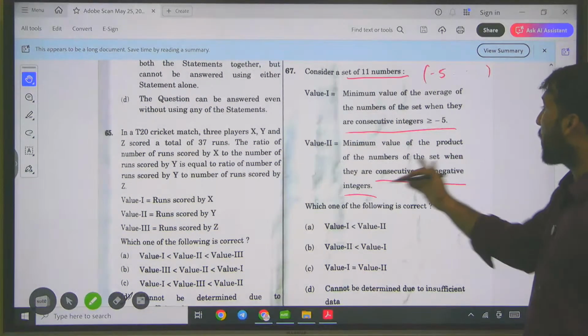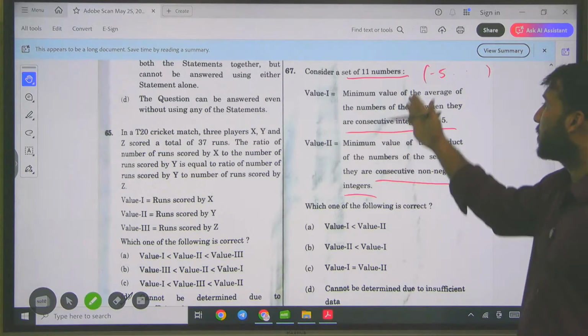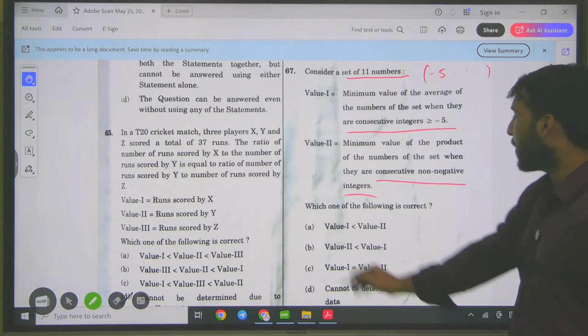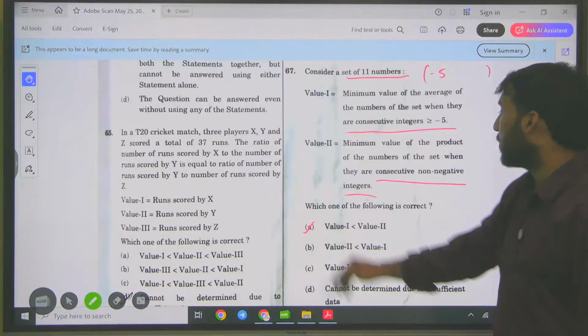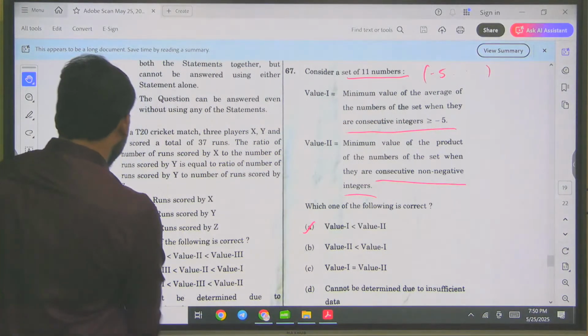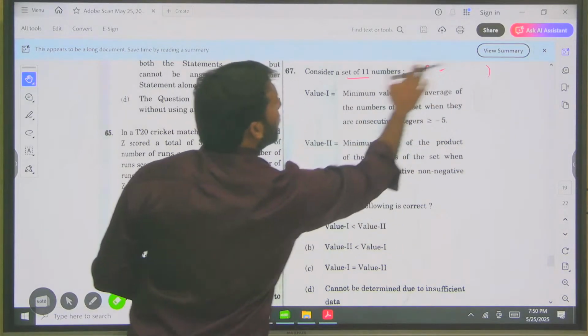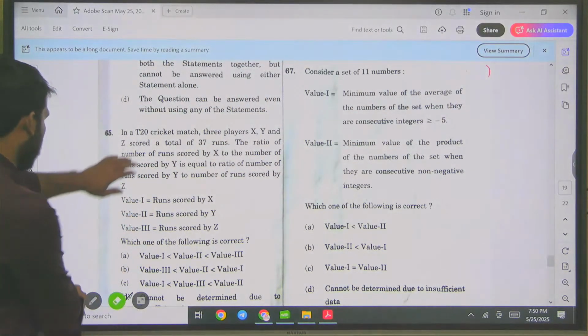Value 2: minimum value of the product of the numbers of the set when they are consecutive non-negative integers. By observing this, you can directly say that value 1 is less than value 2. Some are direct questions if you observe, some are little lengthy, and some are one-step answers.